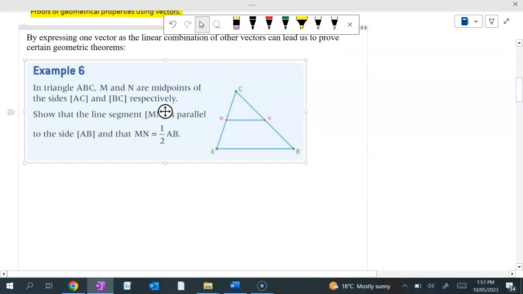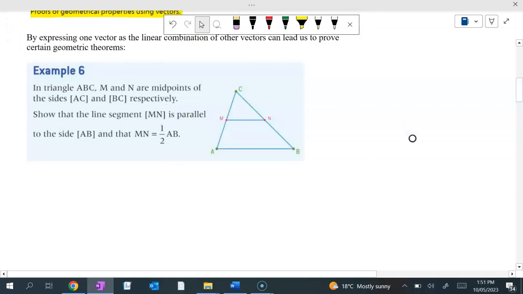Here I'm being asked to show that the line segment MN is parallel to the side AB, and it's a half of it. Now, we're using vectors here, so let's have the vector MN and the vector AB. I'm going to start by writing AB as a sum of two other vectors.